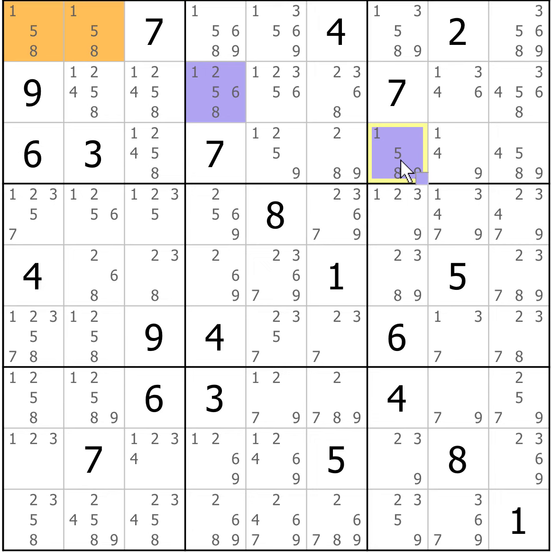Again, one can show that for each digit in the base cells, that digit must occupy one of the target cells.